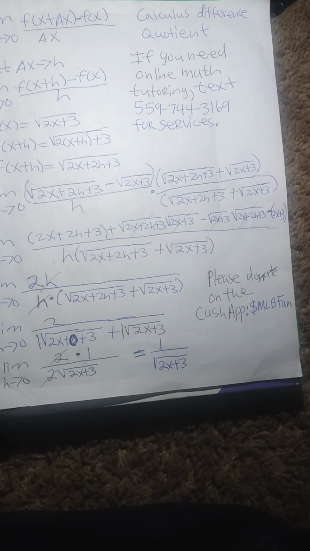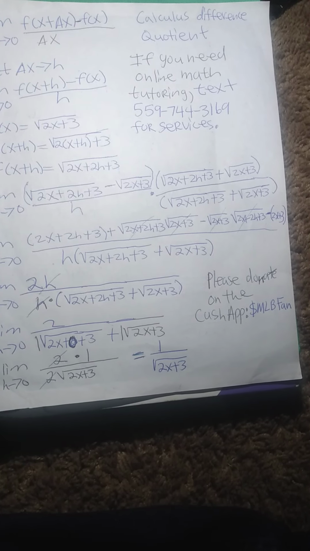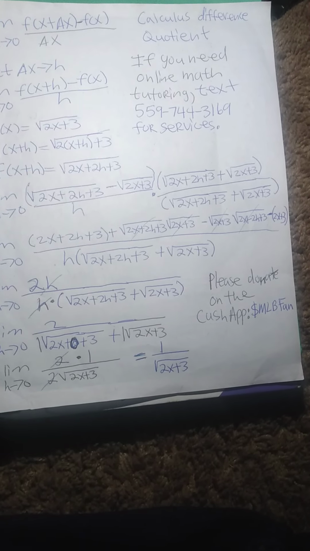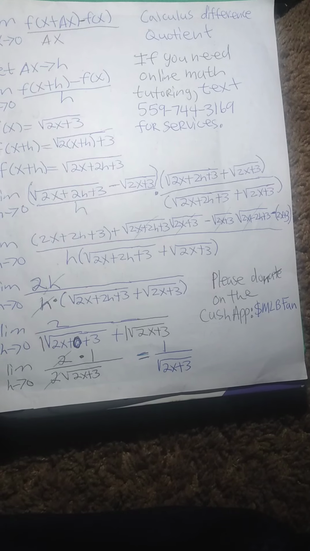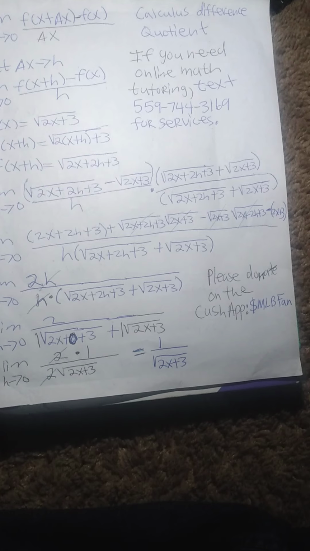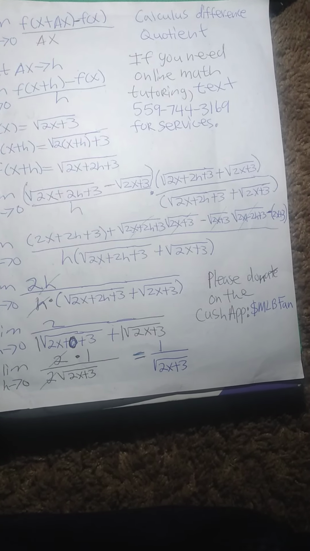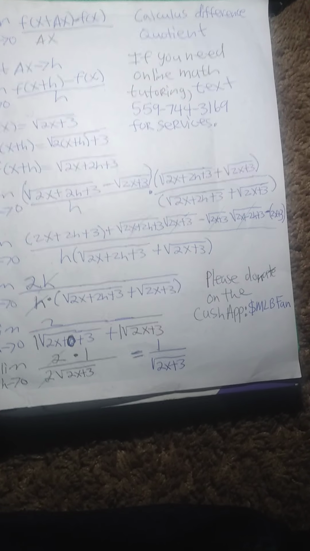Now, in the numerator, we will see that the square root of 2x plus 2h plus 3 times the square root of 2x plus 3 minus the square root of 2x plus 3 multiplied by the square root of 2x plus 2h plus 3 will cancel out.